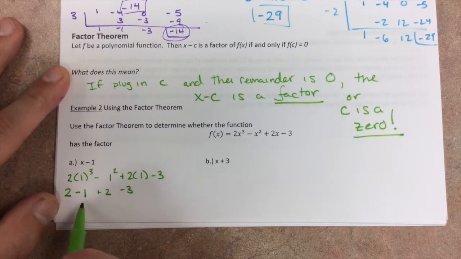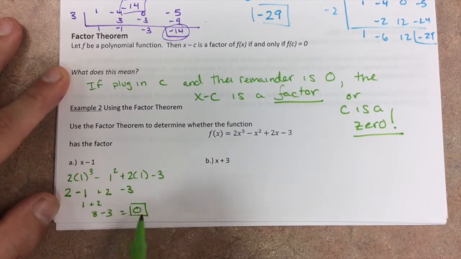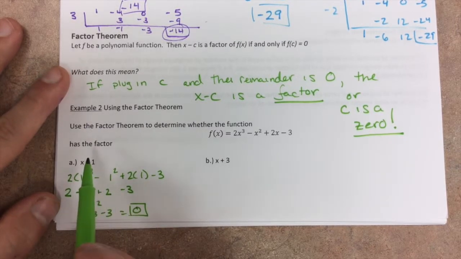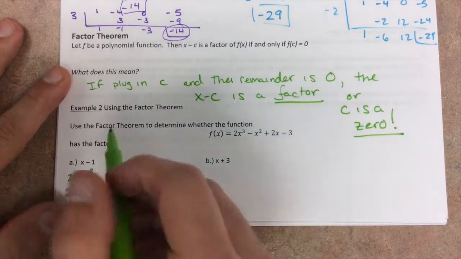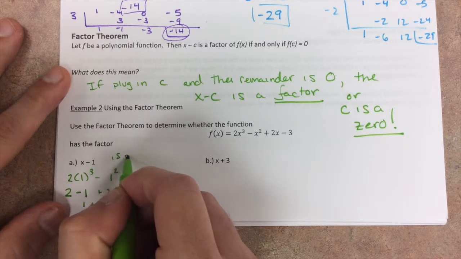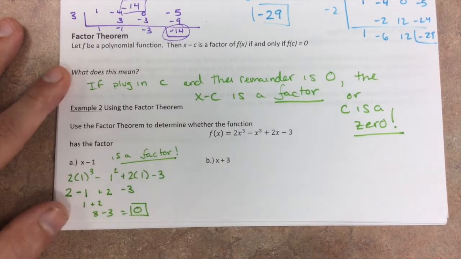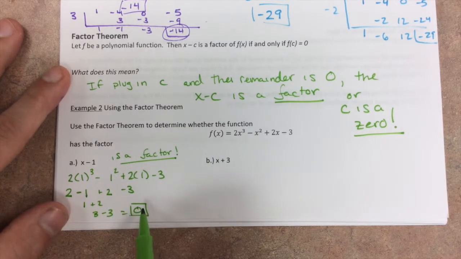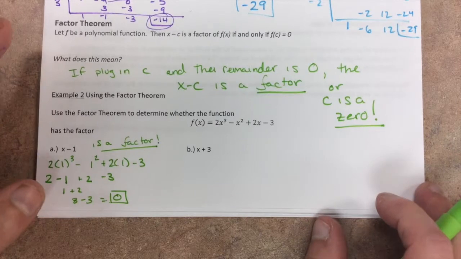So 2 minus 1 is 1. 1 plus 2 is 3. 3 minus 3 is 0. So what we just showed is x minus 1 is a factor of f of x, because the remainder is 0. That's the factor theorem.